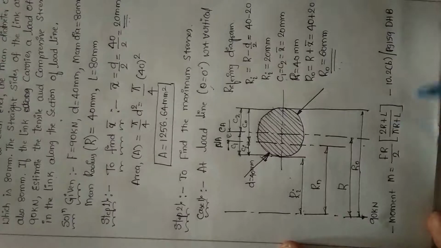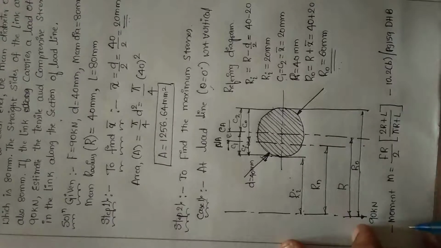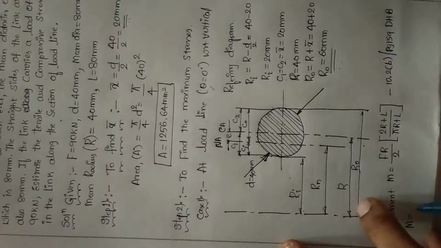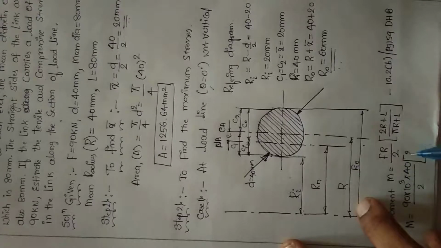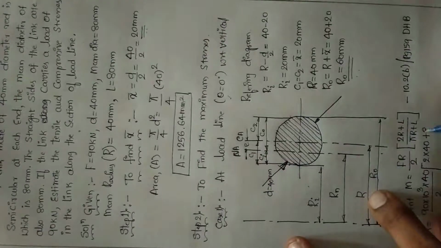Okay. So now if I fill in all these notations, M is equal to, I know the load 90 kilo newton, so 2 R is 40. The length of the link he has given, L is equal to 80 mm.